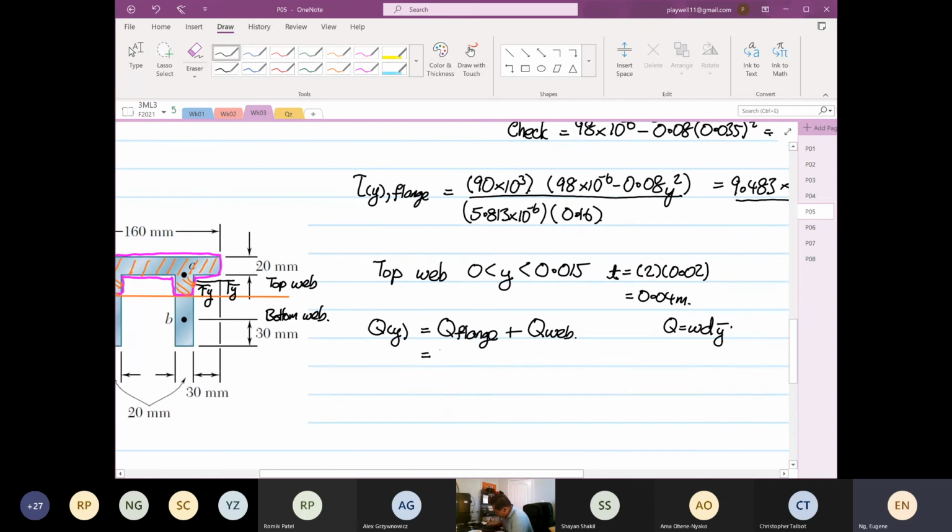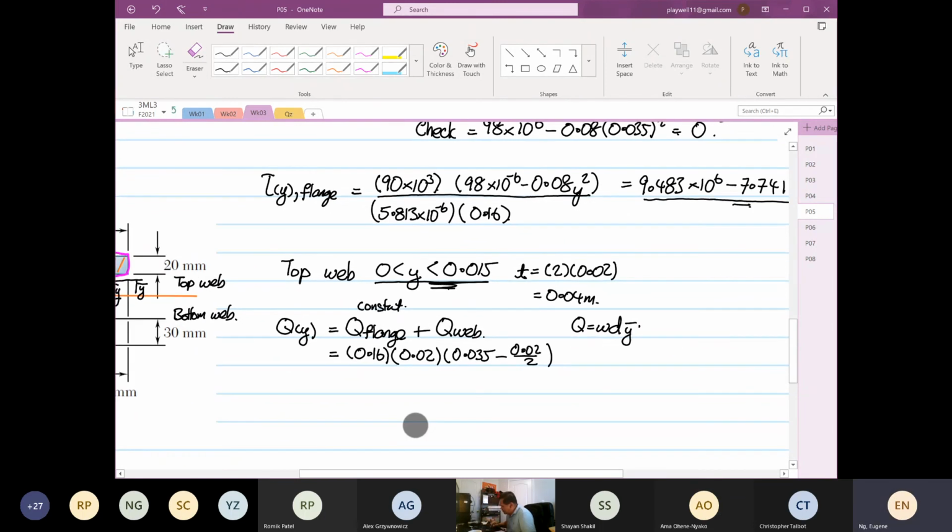The width is 0.16. The depth is 0.02. Why is that the case? Because now the variable is from 0 to 0.015, it's only considering the web. The flange is a constant now. And then our y bar will be equal to 0.035 minus 0.02 divided by 2.